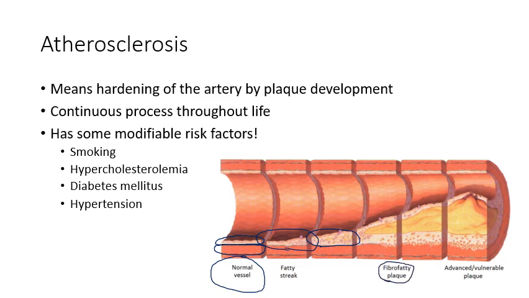So cells from the muscle layer right here are going to migrate into this, and along with inflammatory cells and also fatty debris such as cholesterol, it is going to build up and make a big plaque, and that's going to narrow the lumen right here.